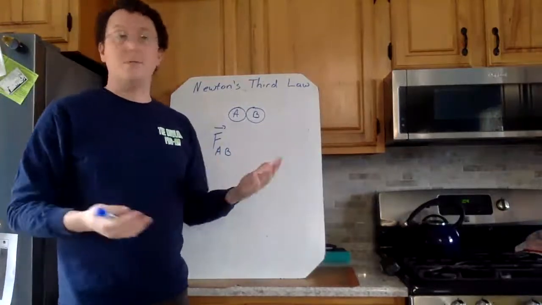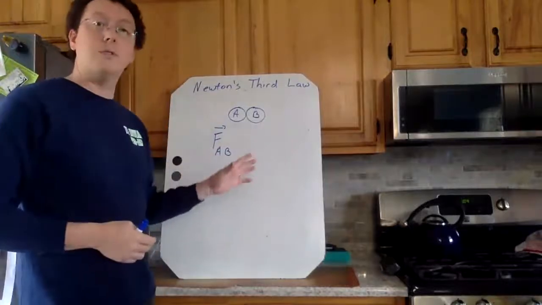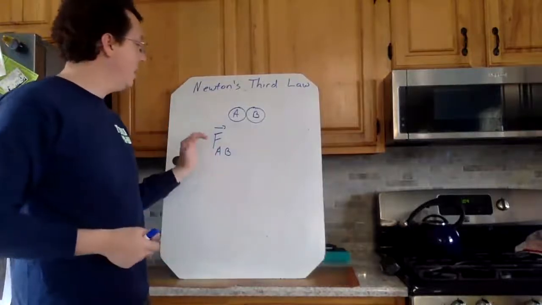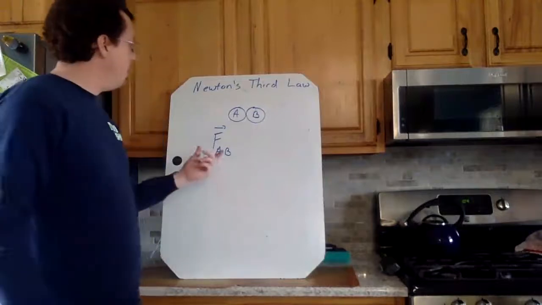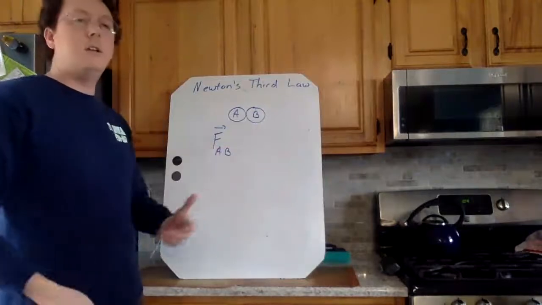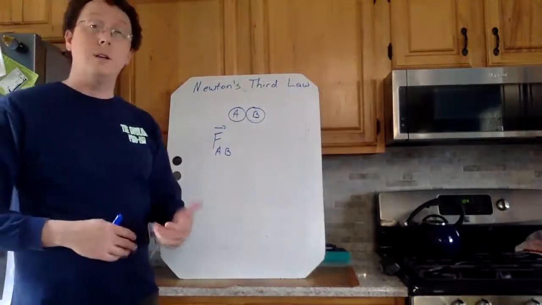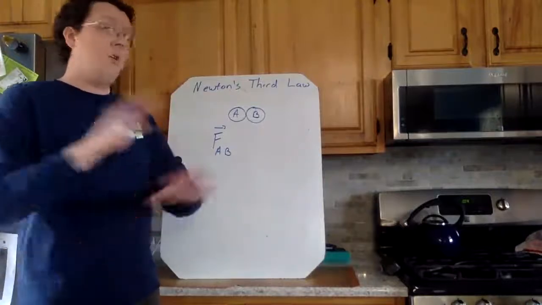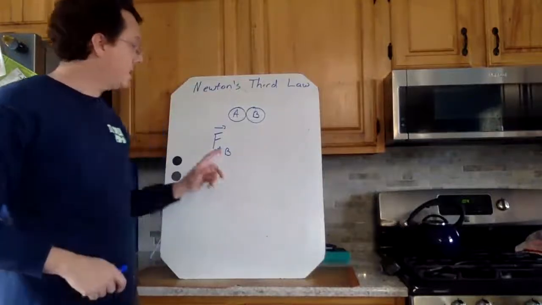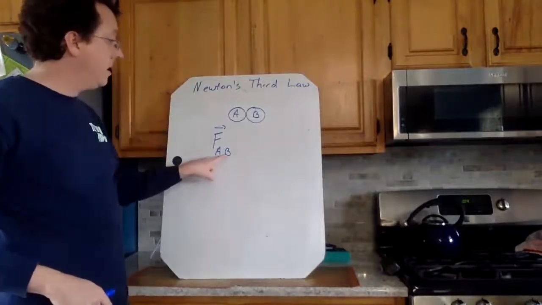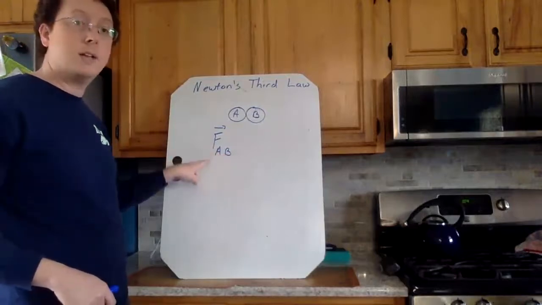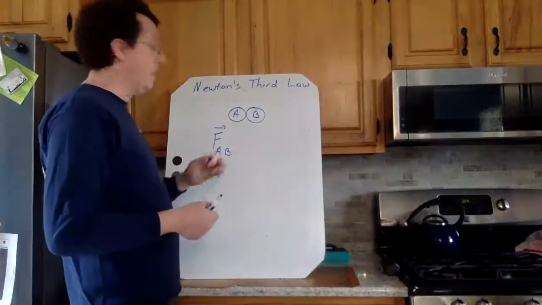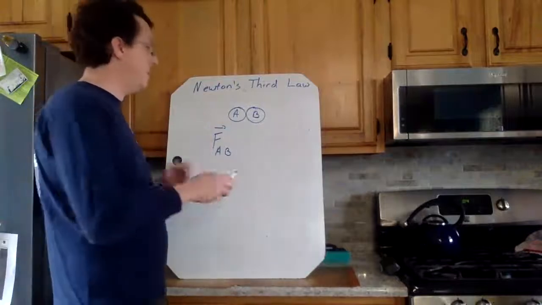I suppose if we call this the action force, the other force is the reaction force. But either way, I'll just call them conjugate forces because they're related. For every force of A on B, there's another force which is exactly the same in all ways, except its origin comes from B and it acts on A. And it's of equal magnitude but opposite direction.